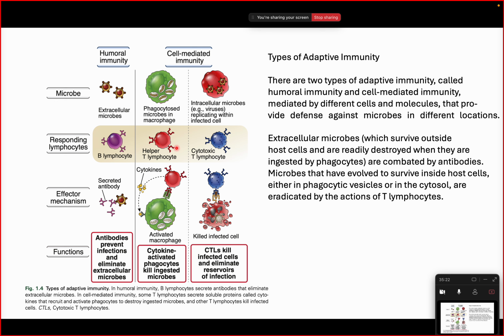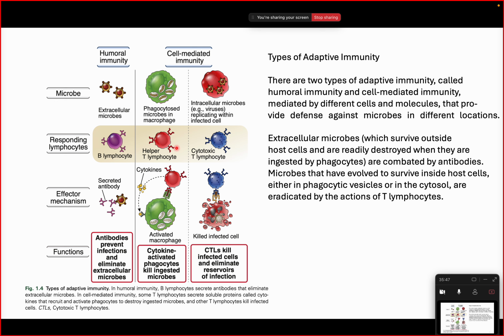If the pathogen has entered the blood, the branch of adaptive immunity dealing with it is called humoral immunity. And if it has entered inside the cell, so the locations are different, right?